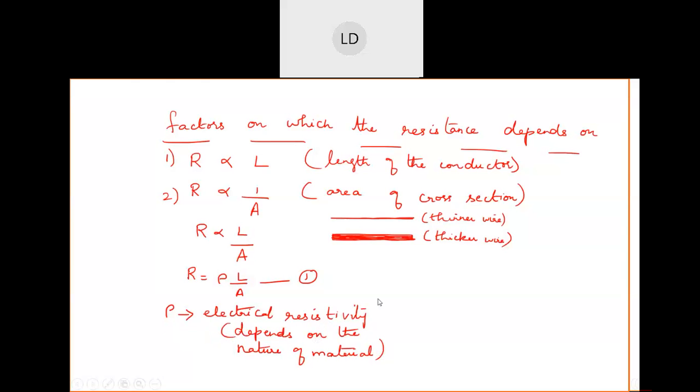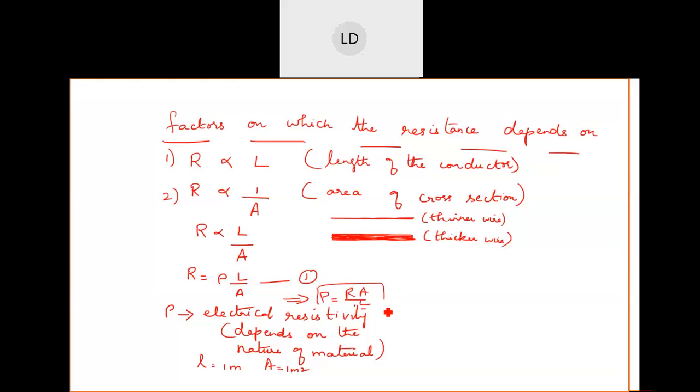Electrical resistivity is nothing but the resistance of a conductor if L is 1 meter and area is 1 meter square. Now I can rearrange this formula: R is equal to rho into L by A, or I can also write rho is equal to R into A by L, right?